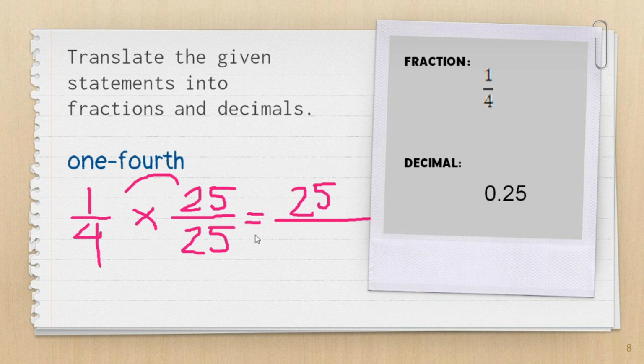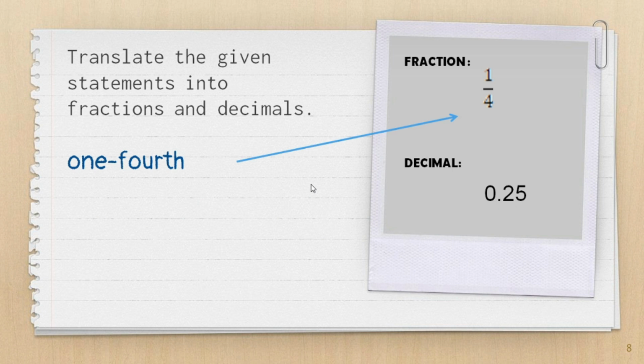Over 4 times 25, that's 100. So, ibig sabihin, I have 25 over 100. So, sa decimal, that's 0.25 or 25 hundredths. O, diba? Pwede din siya. So, depende sa inyo kung ano yung mas madali para sa inyo. So, in fraction, we have 1/4. At sa decimal, we have 25 hundredths.